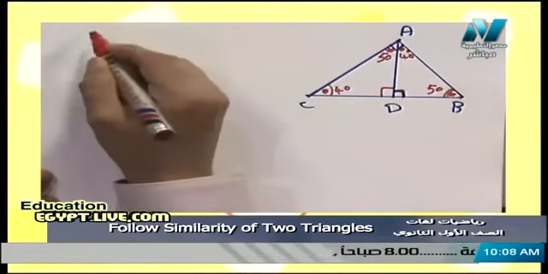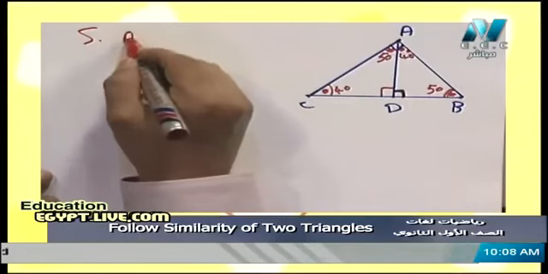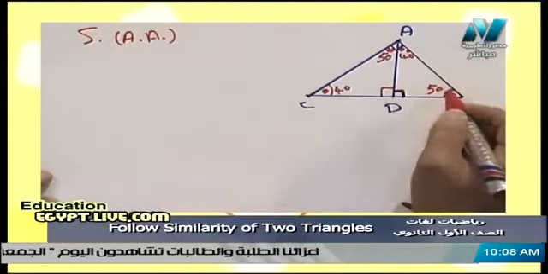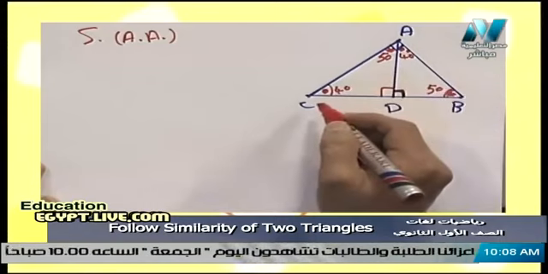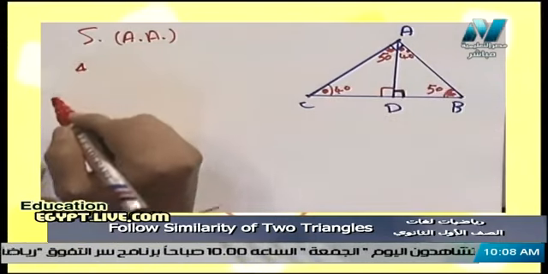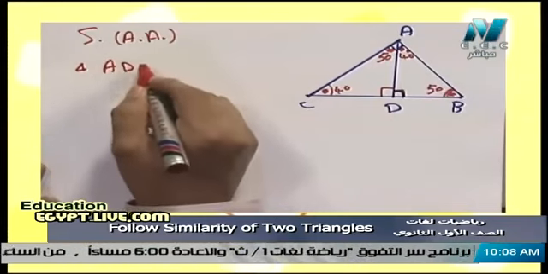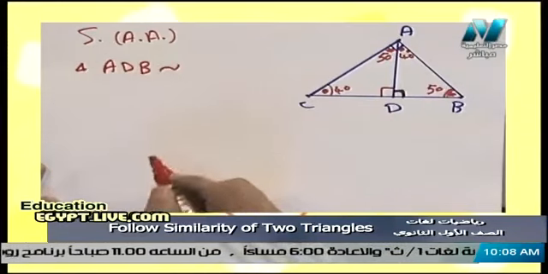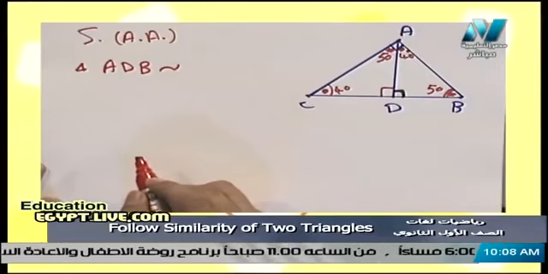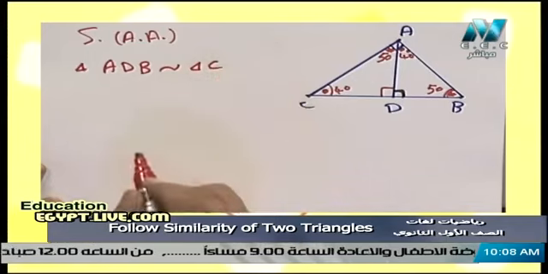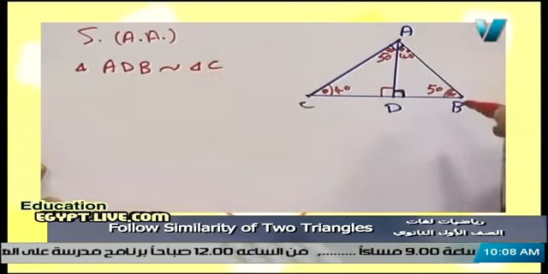So we know about similarity of angles. Two angles in this triangle equal two angles in the other triangle. So triangle ADB of course will be similar to triangle CDA.